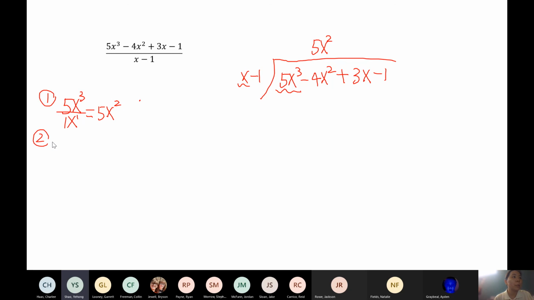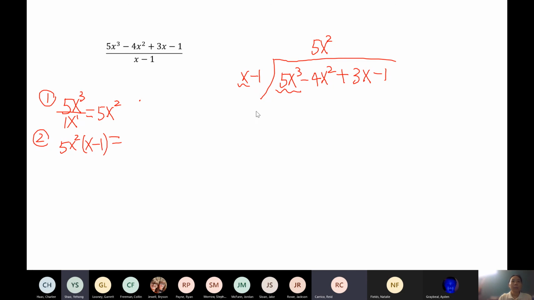What do we do in our second step? Raid, are you there? Yeah, I'm here. Can you tell us what you do in the next step? You multiply 5x squared and x minus 1. Yes, very good. Thank you.